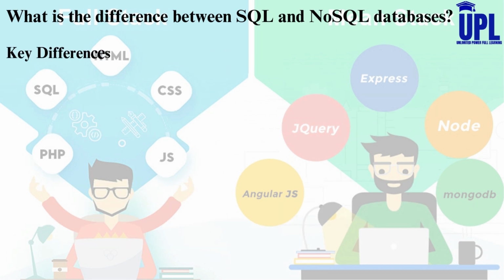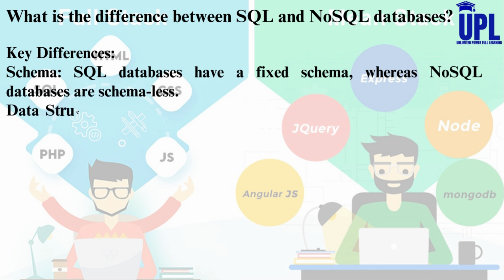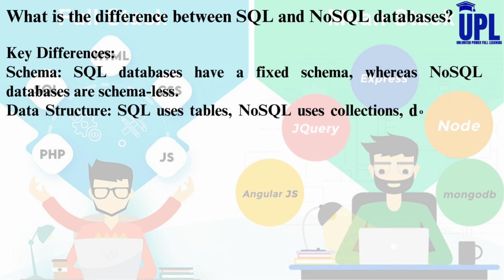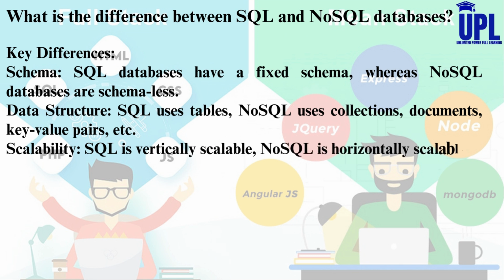Key differences: schema, SQL databases have a fixed schema, whereas NoSQL databases are schemaless. Data structure, SQL uses tables, NoSQL uses collections, documents, key-value pairs, etc. Scalability, SQL is vertically scalable, NoSQL is horizontally scalable.